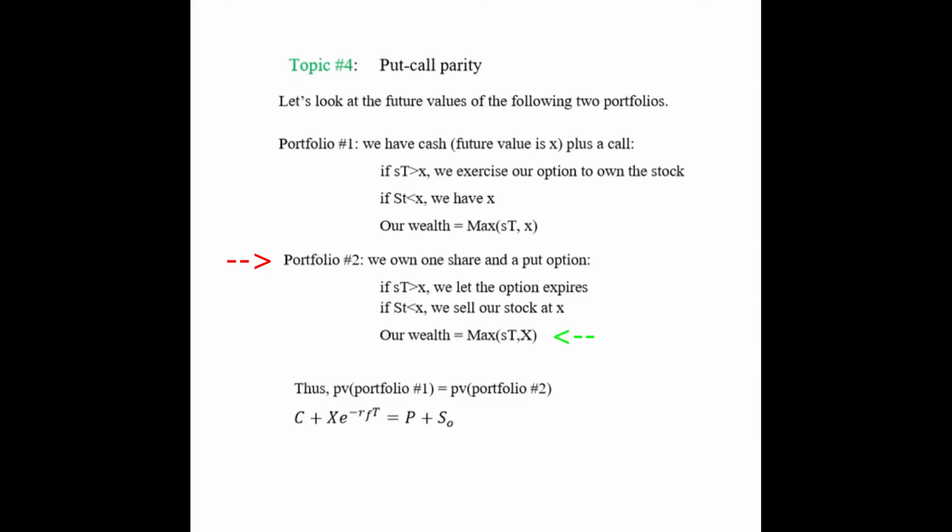So our terminal value is max of ST or X. Because our future values are the same for the two portfolios, their present values should be the same as well. Then we have the put-call parity: the call premium plus the present value of the exercise price equals the put premium plus the value of the stock today.